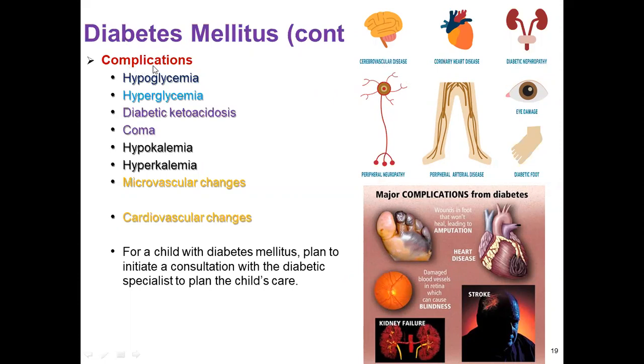Here, complications if diabetes is untreated. What complications? Hypoglycemia or hyperglycemia. So if your patient develops hypoglycemia, like you give insulin and the insulin dose is too much, or after the insulin the patient does not eat adequate food, the patient has a chance to develop hypoglycemia.